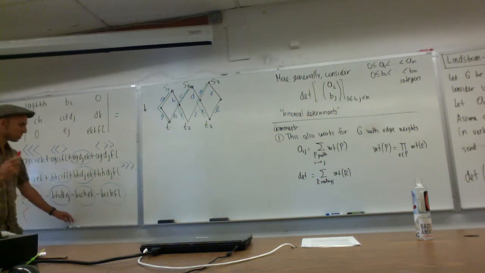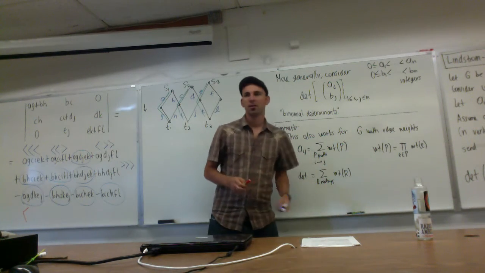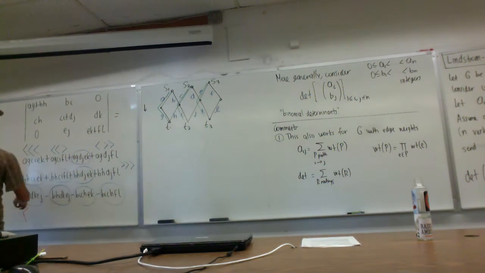And actually, I want to use 3 different colors because this is a product of 3 paths. AG dk EJ is the product of the path AG, the product dk, which goes like this, and the product EJ, which goes like this. These are the 3 paths that contribute this term.